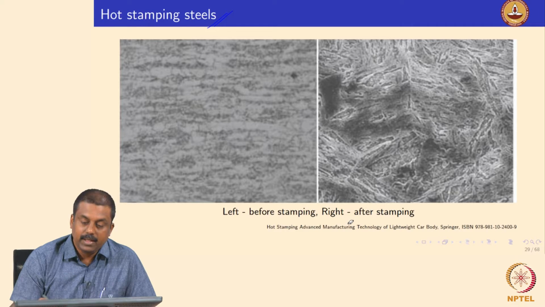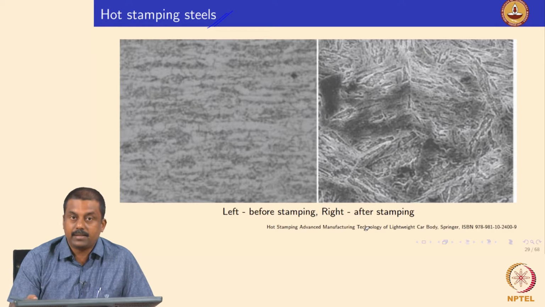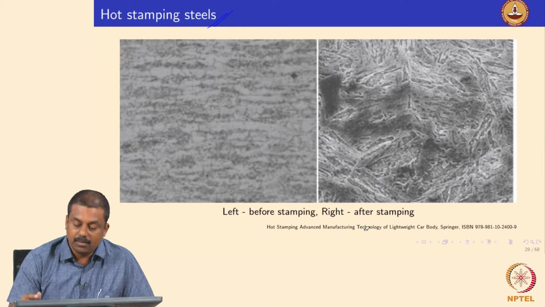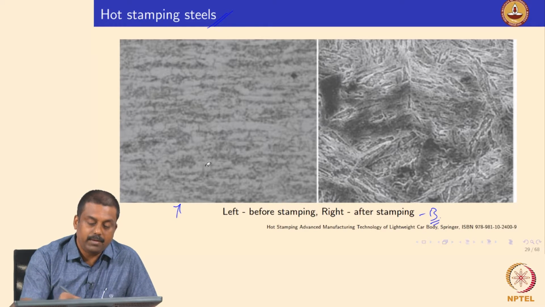So in this process of forming martensitic microstructure, we won't significantly change the alloying elements compared to, for example, DP and TRIP steel, and hot stamping steels or martensitic steels have similar alloying elements except some special alloying elements which increase the hardenability significantly. So one of the alloying elements is boron. So we add some amount of boron. The microstructure to begin with is still a ferritic pearlitic microstructure, what you see over here.